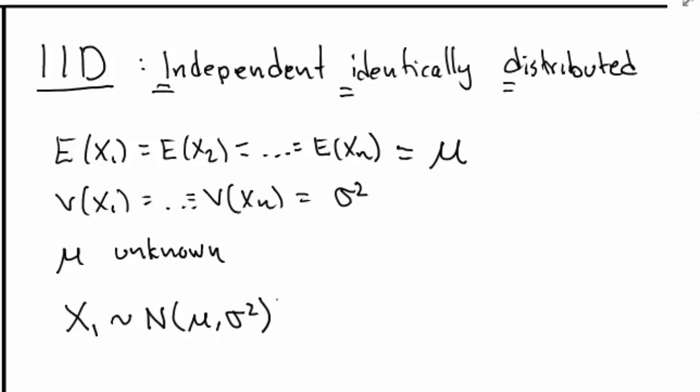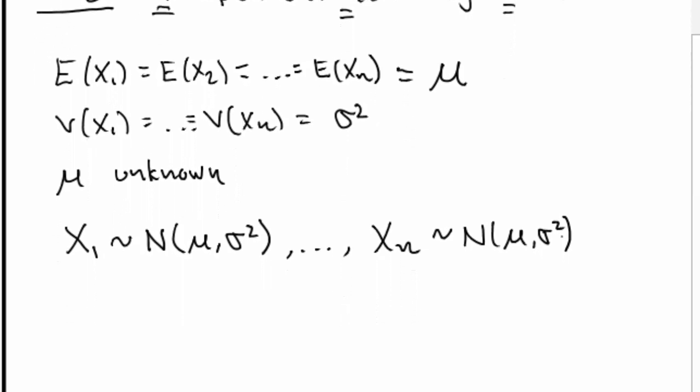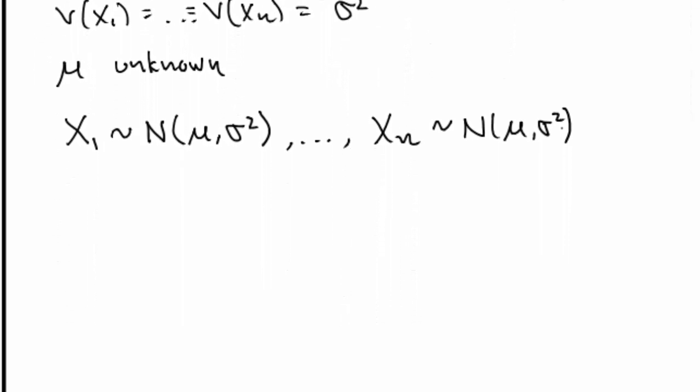This is why we say that we've specified a family of distributions. We can make the same assumption on all of them, that this is normal mu sigma square. In this case, it's quite clear that they're identically distributed.